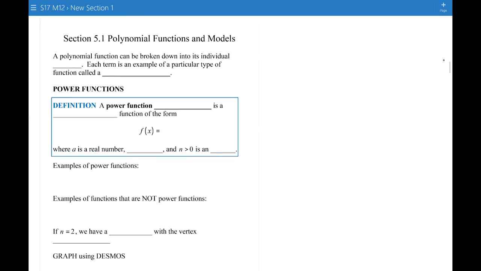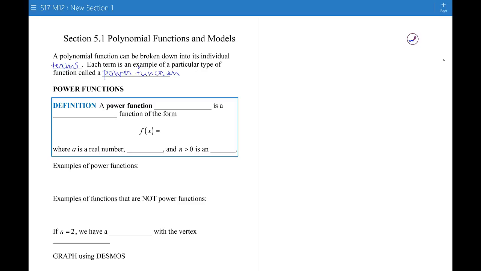So a polynomial function can be broken down into its individual terms and analyzed. And each term is an example of a particular type of function called a power function.